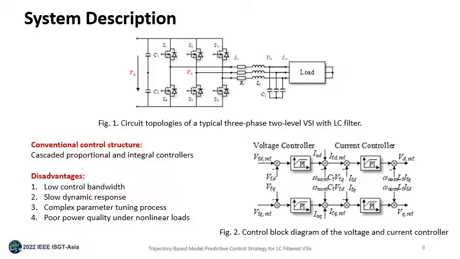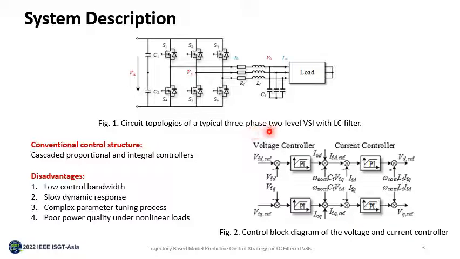Here, Figure 1 shows a typical three-phase two-level voltage source inverter filtered by an LC filter and connected with a three-phase load. Since it works in islanded mode, the main control objective is to regulate the output voltage and achieve good power quality. The conventional control structure is cascaded proportional and integral controllers, which is shown in Figure 2.